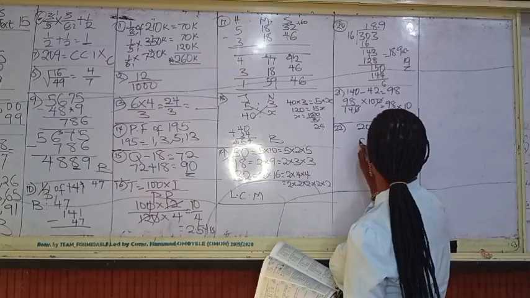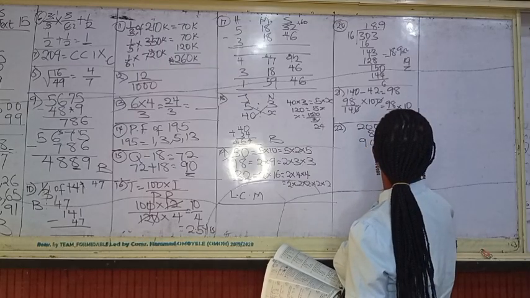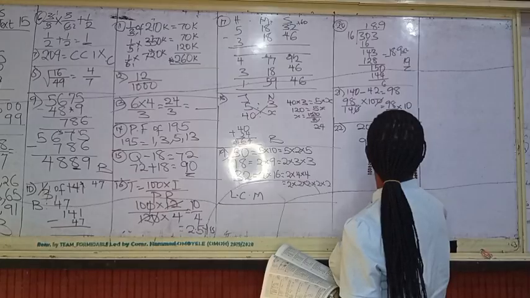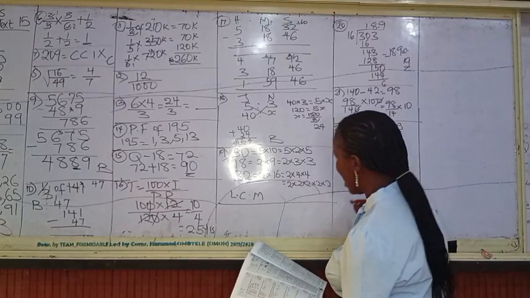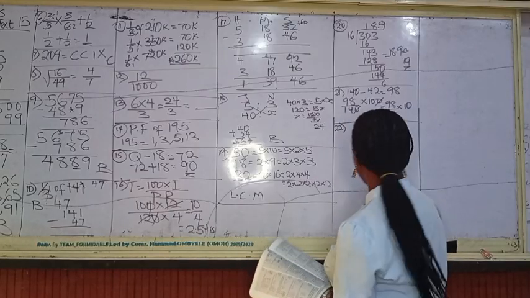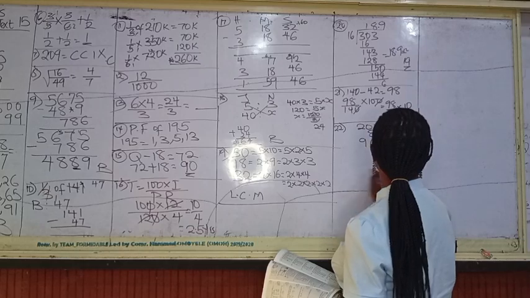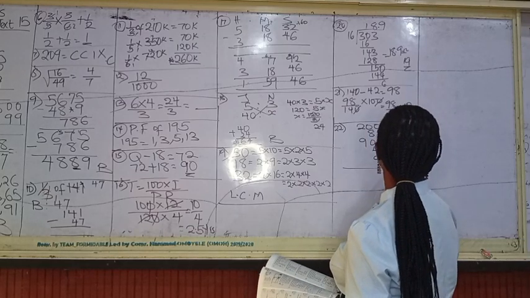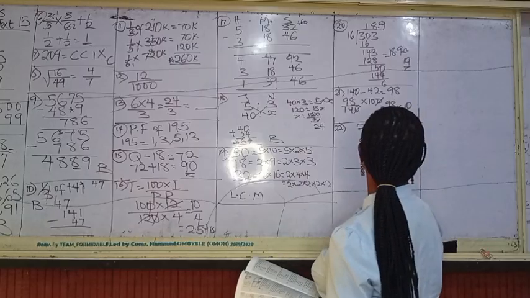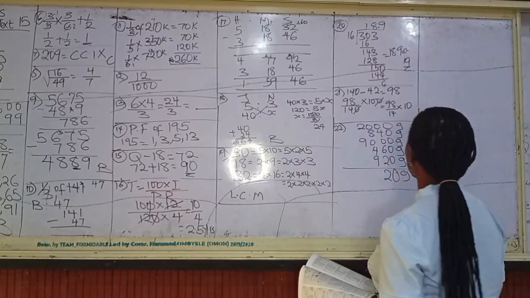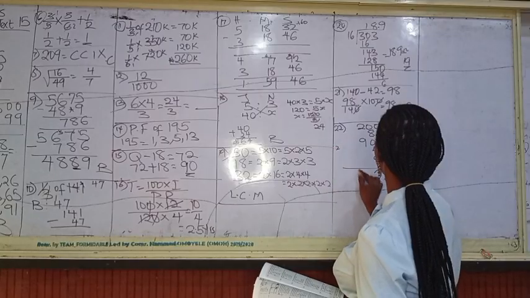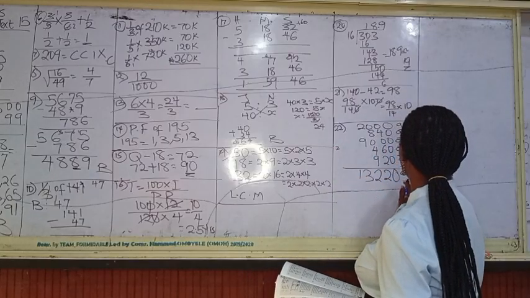We have 9000 because 9 kg is, we have 460, and we have 920 gram. So this is 0, this is 12, we are holding 1, 10, 18, 19, 20, 21, 22, we are holding 2, and this will be 13. So we have this as gram.